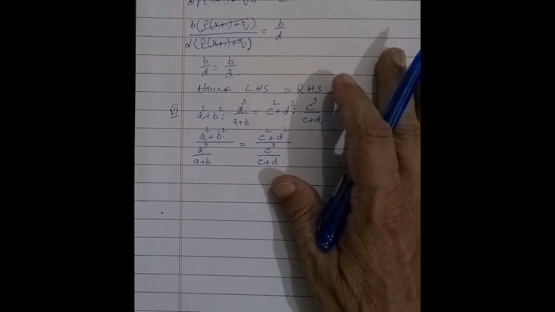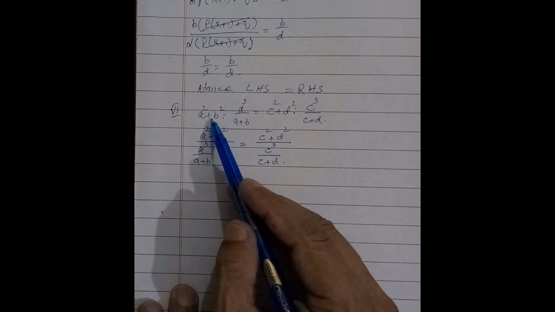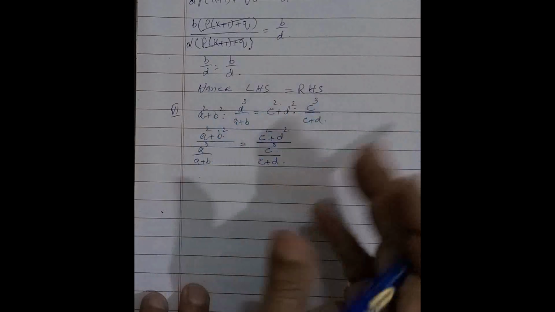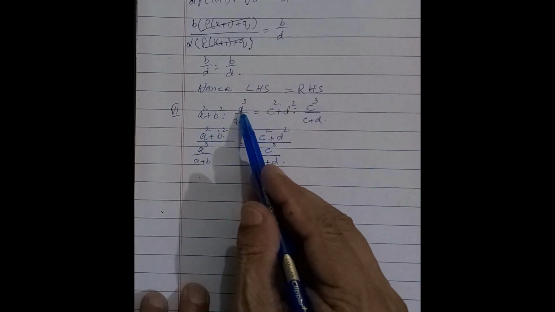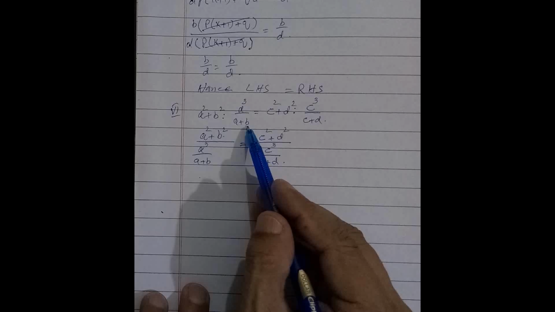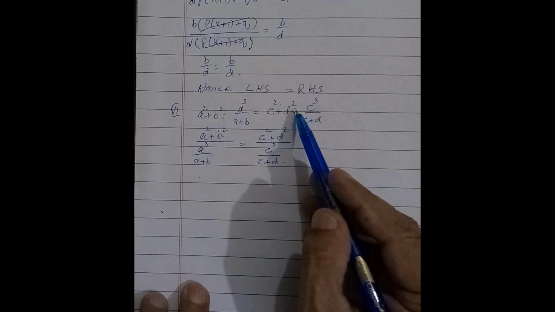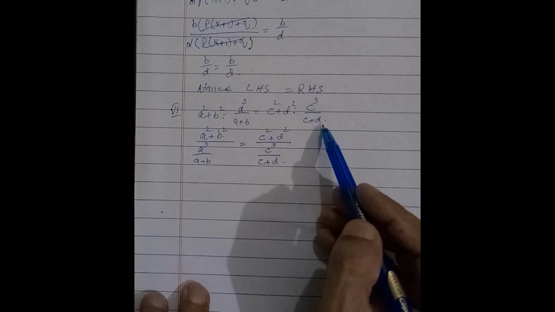So proof. Now we start question 6 in part 6, in which the values are written in proportion form, which are a^2 + b^2 ratio a^3 over a + b is equal to c^2 + d^2 ratio c^3 over c + d.